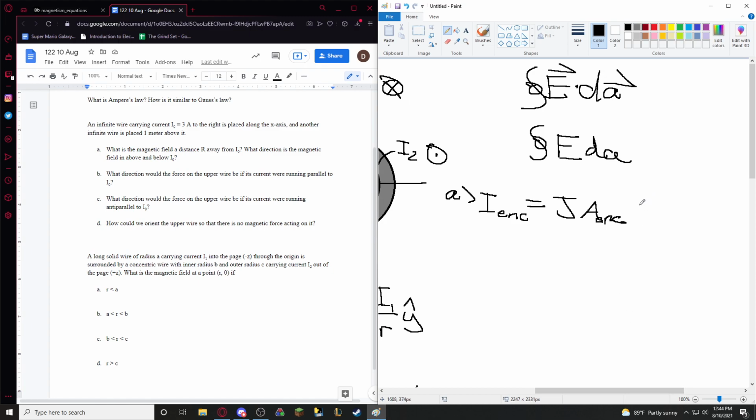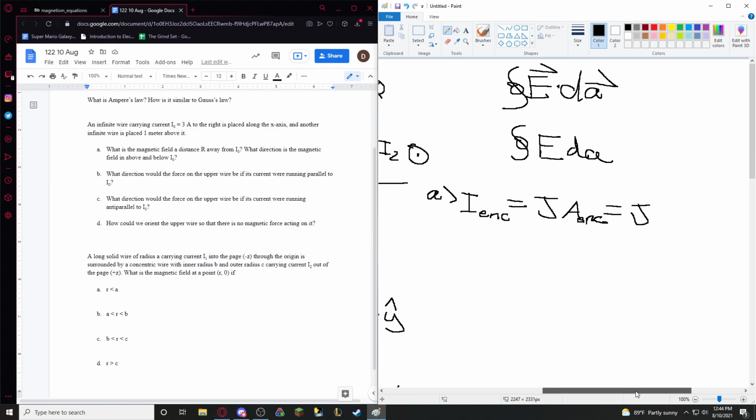Since it's a wire, I believe the area is supposed to be cylindrical. Is this actually a cylindrical shell, or is it just cylindrical in general?